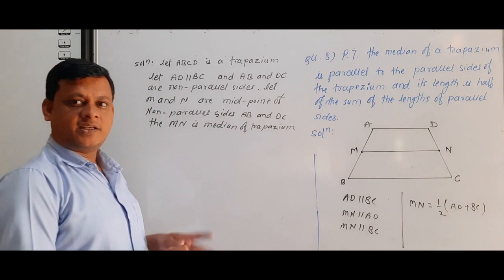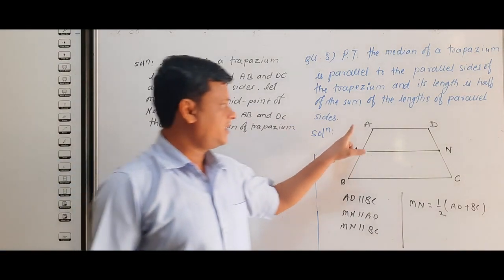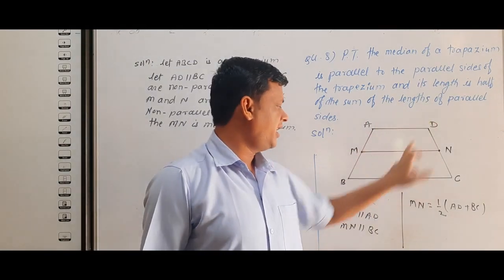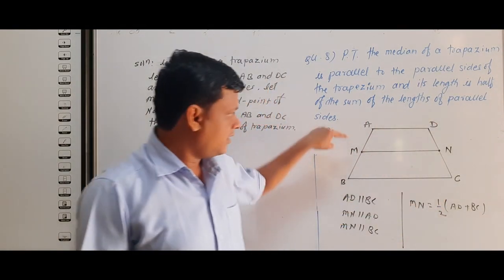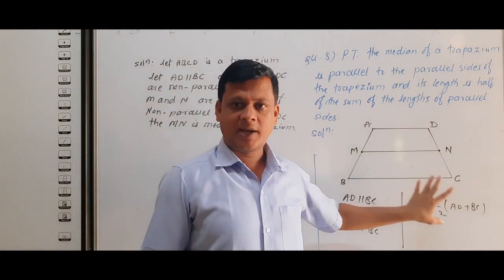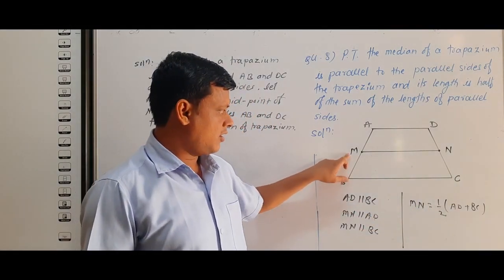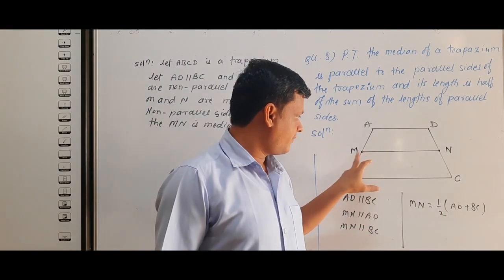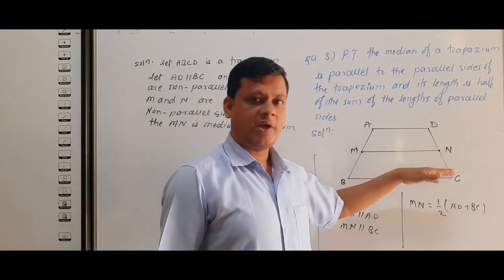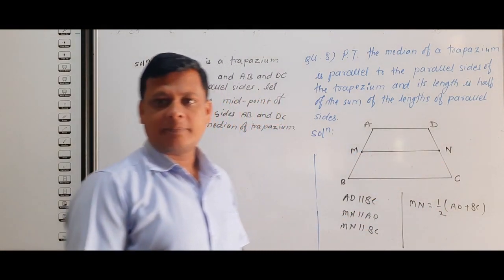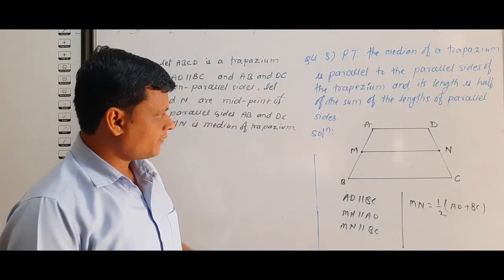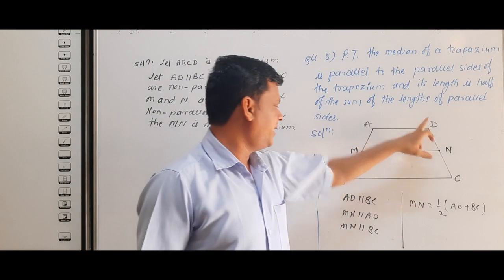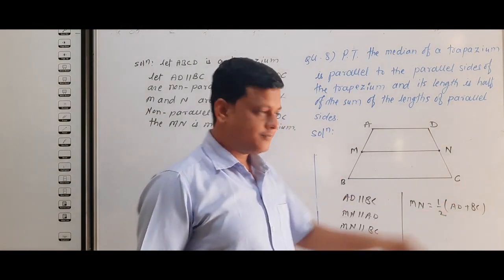So we write this because we consider here trapezium ABCD, in which side AD is parallel to side BC, and AB and DC are non-parallel sides. We consider the midpoints of the non-parallel sides. After joining these midpoints, we get the median of that trapezium. Now we have to show this median is parallel to the parallel sides AD and BC.